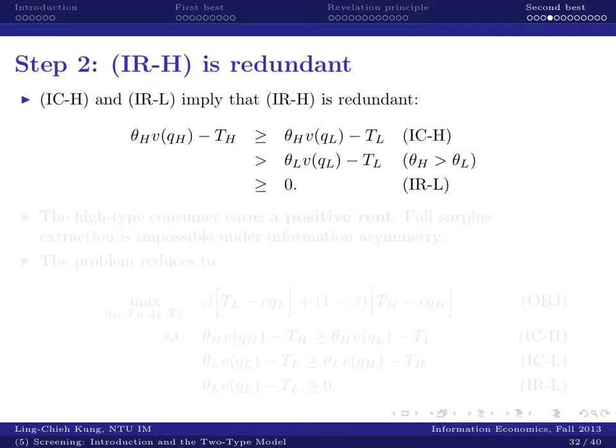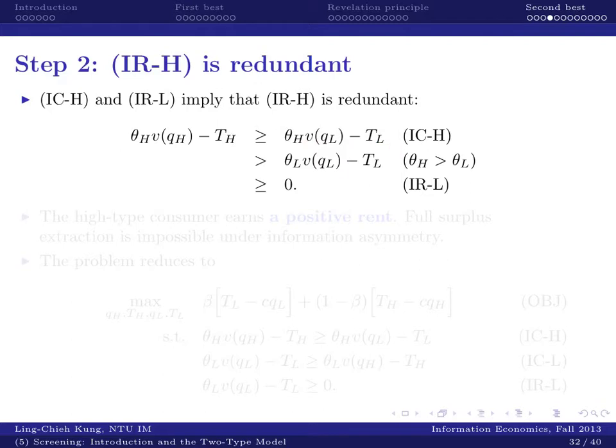Now step 2 is to see that IRH, this particular constraint, is redundant. In particular, ICH and IRL imply that IRH is redundant. According to ICH, this is greater than or equal to the other thing if the type H consumer chooses QL, TL.